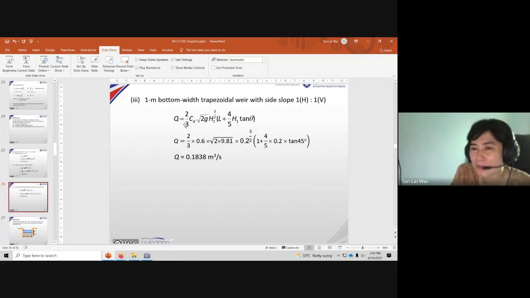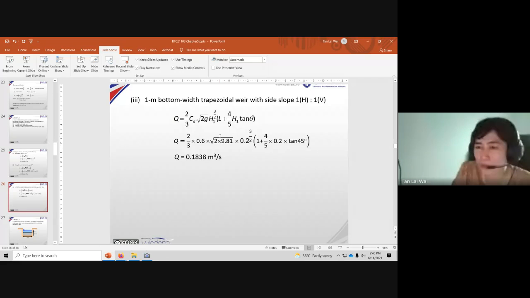And there's another term, which is 8 over 15, because this is a factor, H to the power of 5 over 2, square root 2g, times tangent theta. So this is the triangular formula just now. Actually, the trapezoidal formula is a combination of the triangular and rectangular formulas.